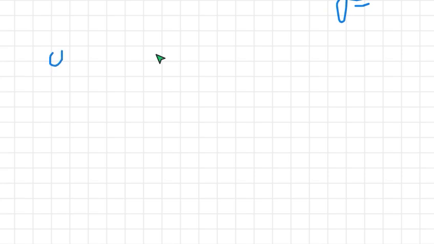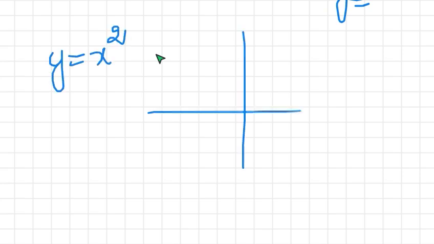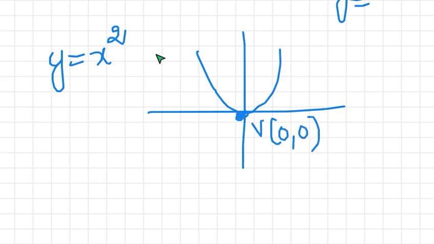What about y equal to x square? That creates a parabola. Vertex here is origin, so U-shaped curve. I think you know already. This is called vertex, 0, 0.